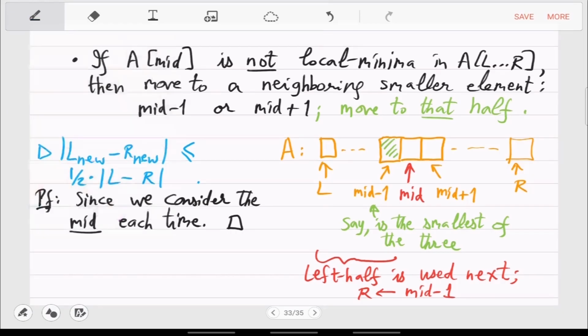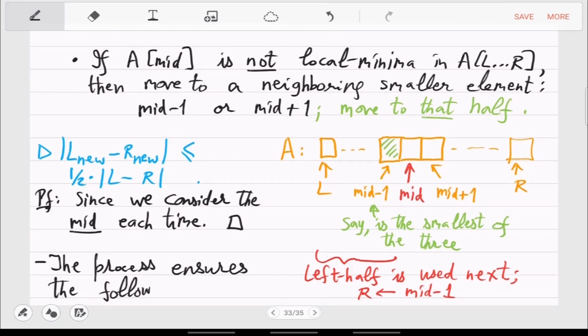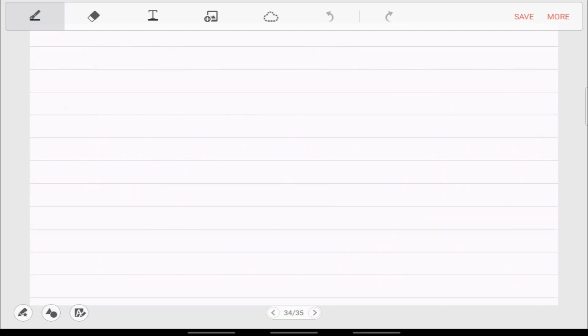So the process ensures the following invariant, which is the cornerstone of our whole algorithm.